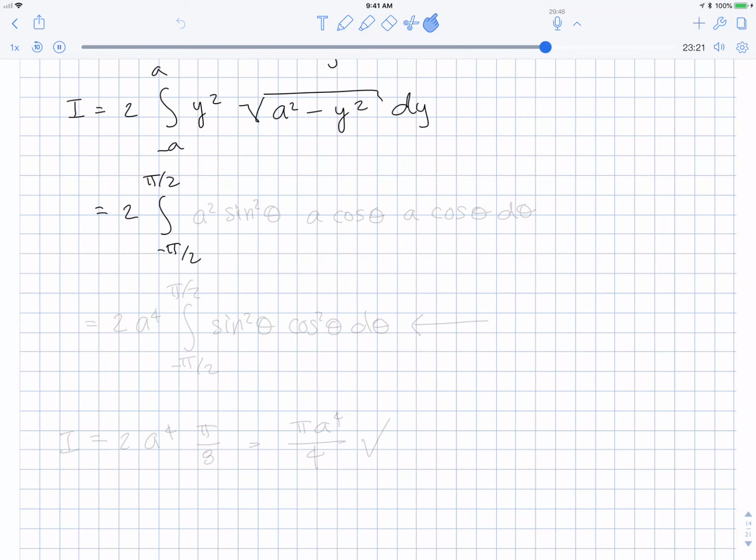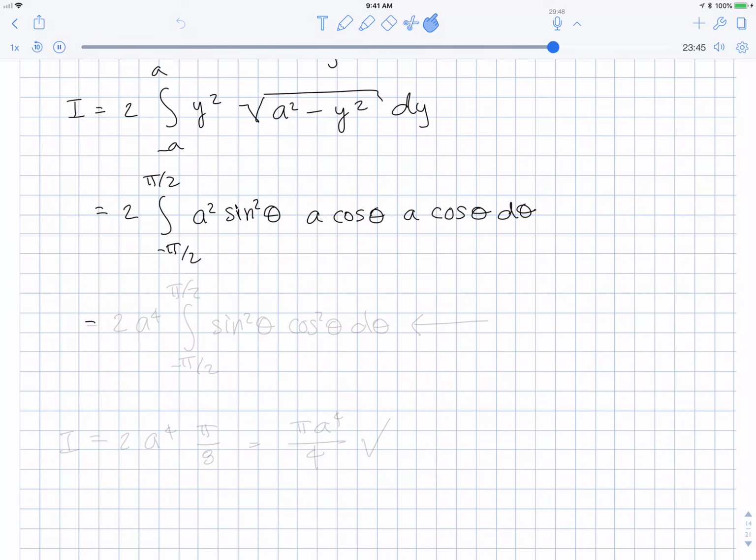Okay. Y squared is a squared sine squared theta. Square root of a squared minus y squared, we said, was a cos theta, and dy was a cos theta d theta.